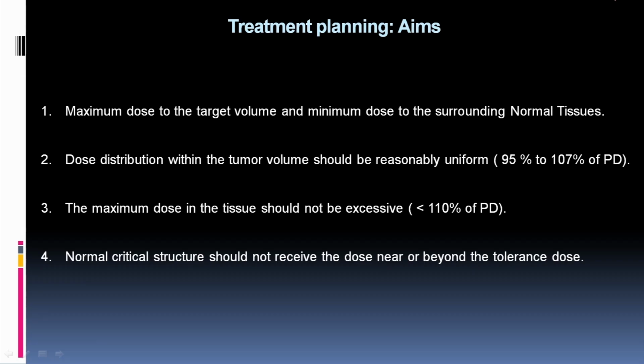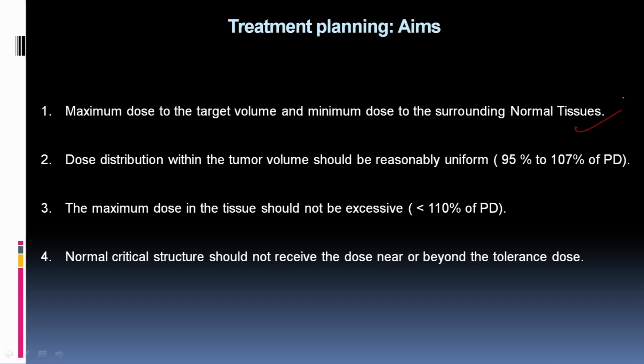This is the first, and we should limit the dose to the surrounding normal tissue as minimum as possible. So this is our first aim of radiation treatment planning. This is the first and foremost aim of our radiation therapy treatment, that is maximum dose to the target volume with minimal dose to the surrounding normal tissues.